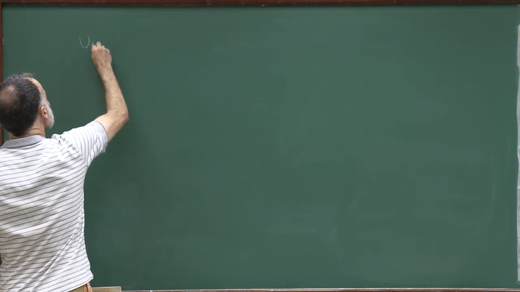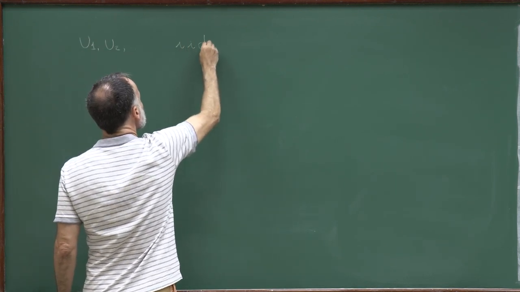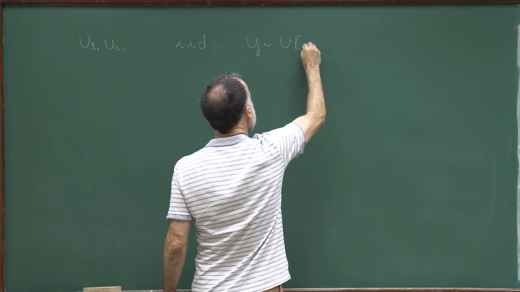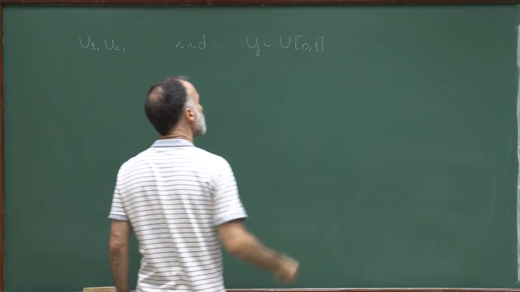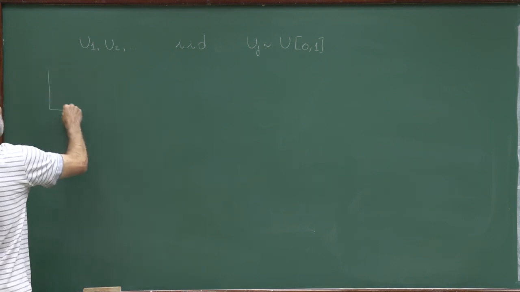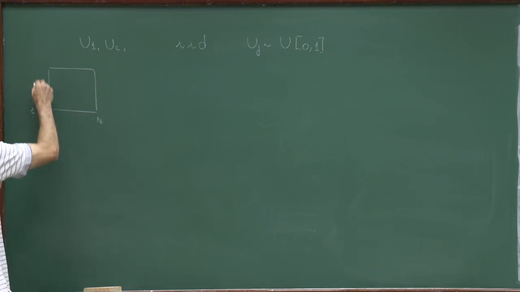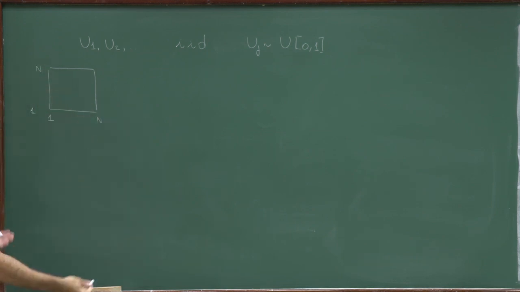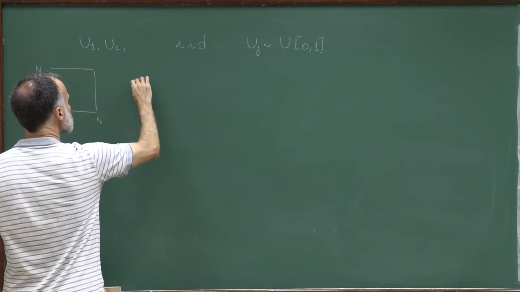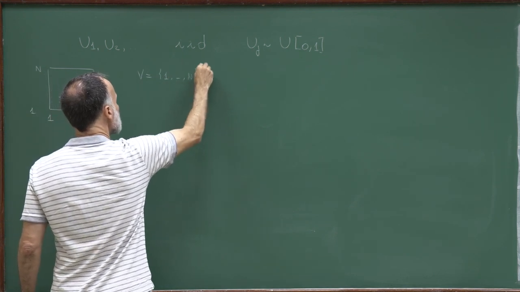You have a sequence U1, U2, and so on of iid random variables. Uj is distributed according to a uniform 0, 1 distribution. And let's say I give you a graph with n by n vertices, and n is quite large, let's say 100. So the set of vertices will be 1 to n squared.